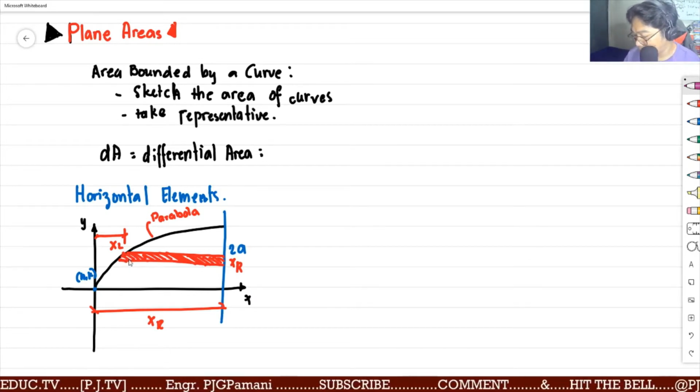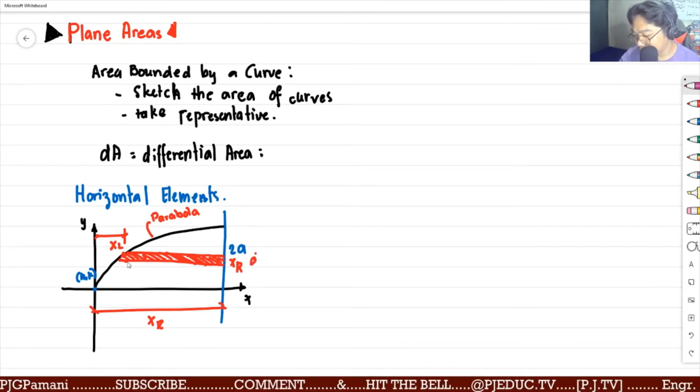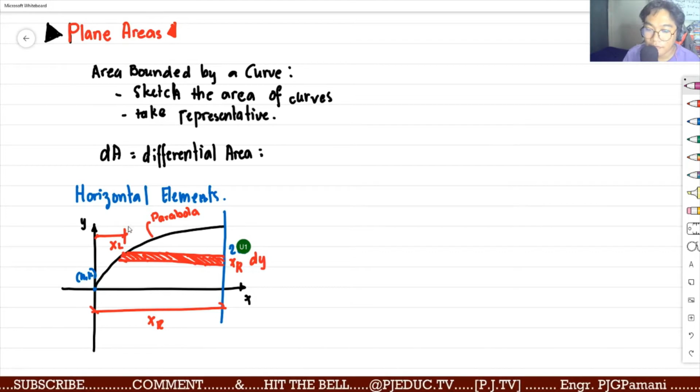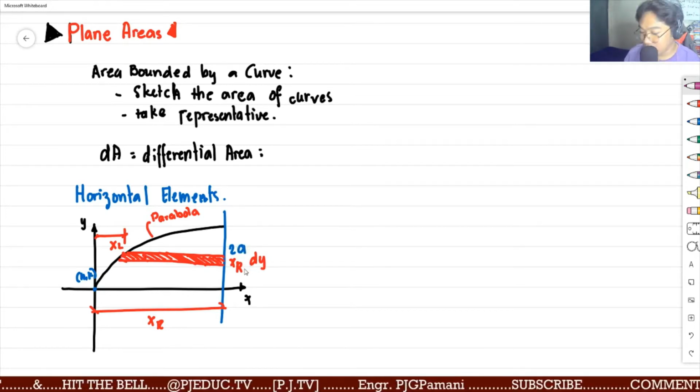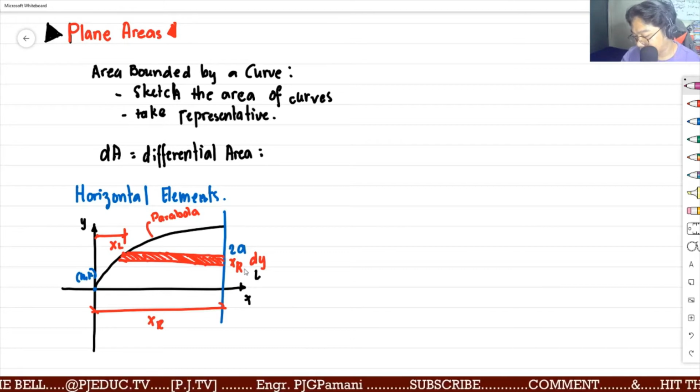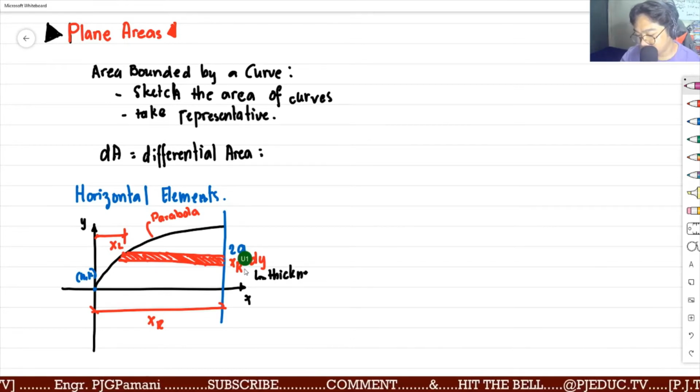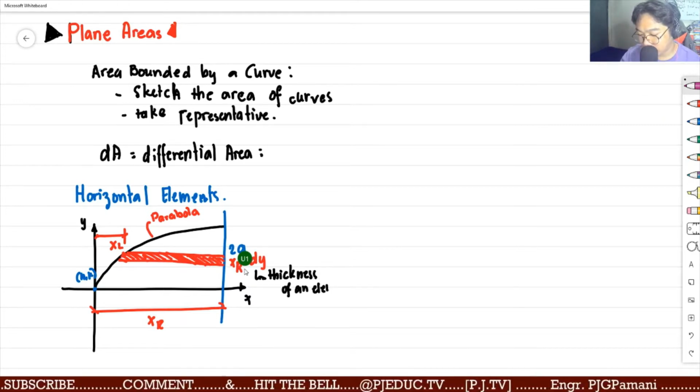And let us consider our strip as a differential variable dy, which is now the thickness of an element.